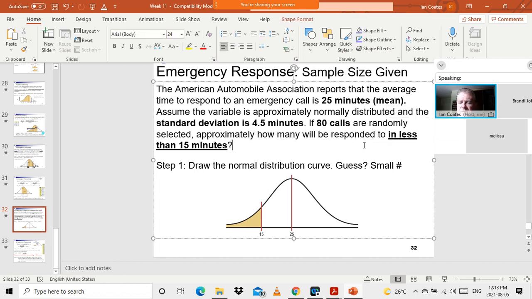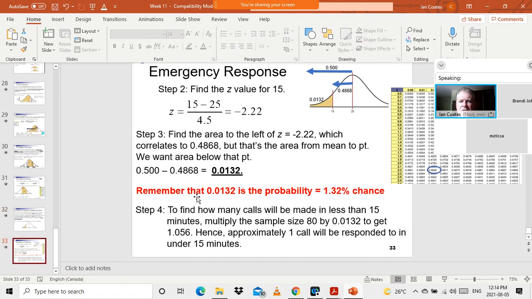80 calls responded to in less than 15 minutes. So we're only looking for this amount. So where are we at? 10%, 7%? We're looking for a pretty small number. Okay, so what we do is we input our 15. Now, please pay attention to this one. I'm looking for the area under the curve for here.